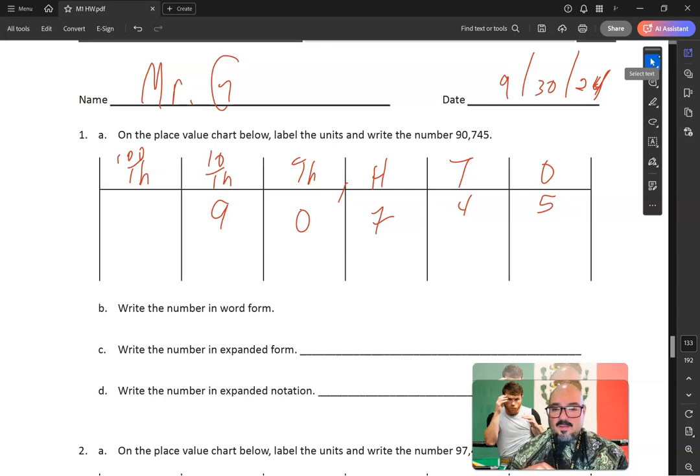B says write the number in word form. So we have 90,745. So 90,000.